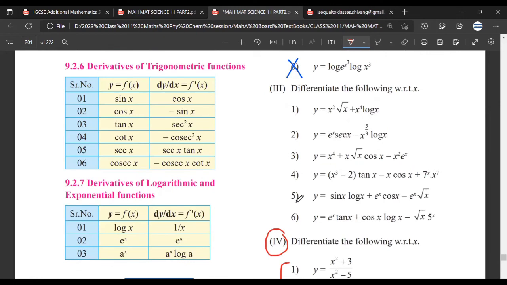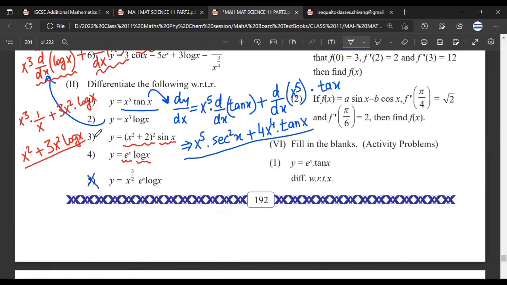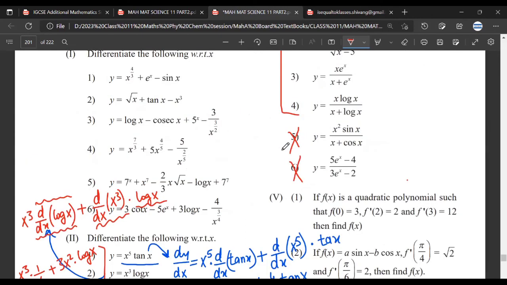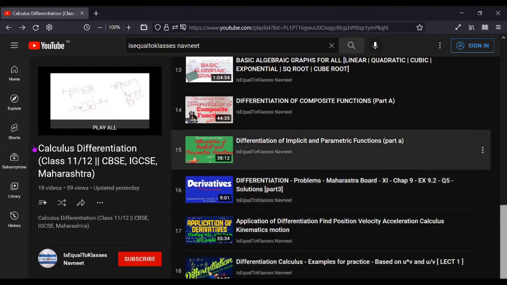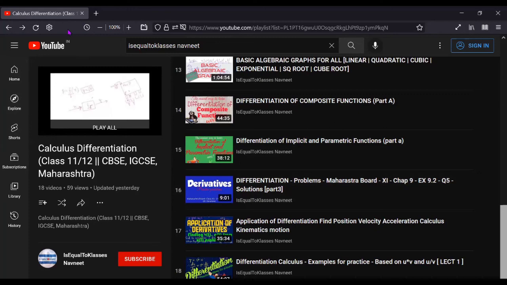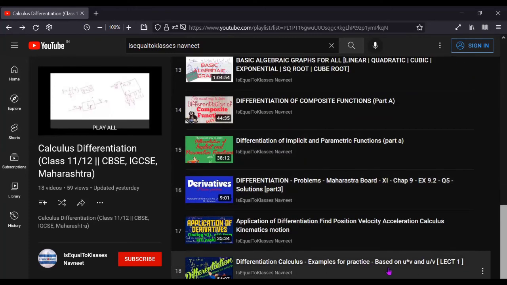So, our homework would be question number 1 all parts, question number 2 first 4 parts, question number 4 first 4 parts. Would you be able to do these? Yeah. And as I have told you, if you have understood the UV rules, then you can directly jump to these examples for practice based on UV.